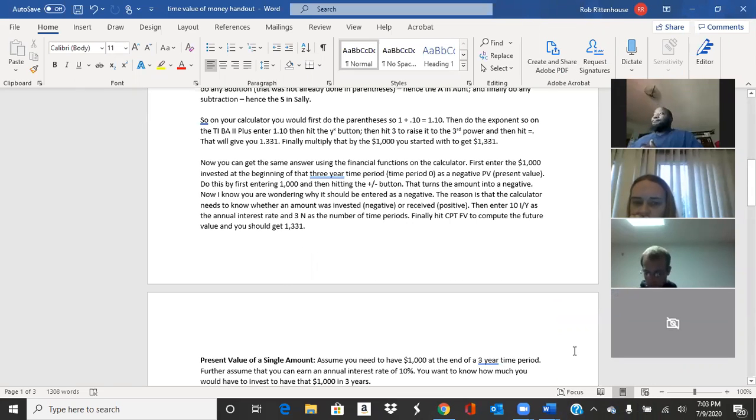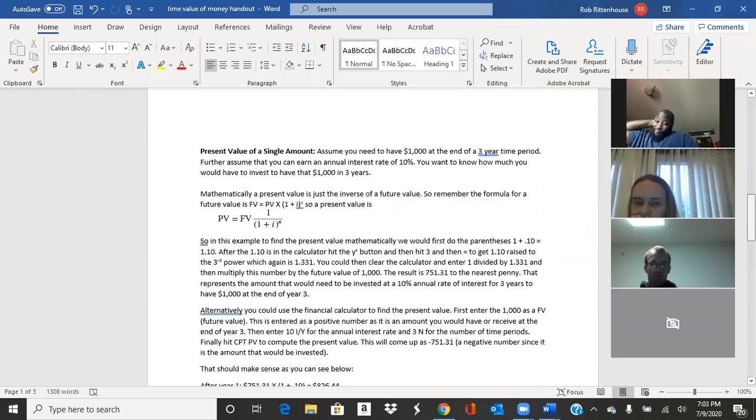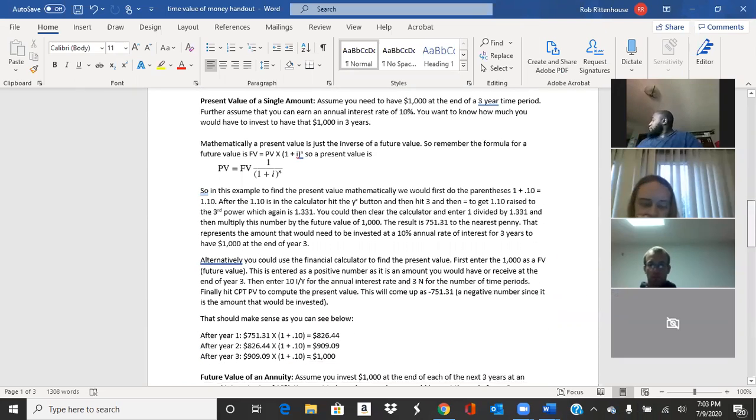Now let's find the present value of a single amount. Instead of assuming you have 1,000 and invest it for 3 years, let's assume you need to have $1,000 at the end of 3 years. I'm sticking with a 10% rate all the way through because it's an easy number to work with.